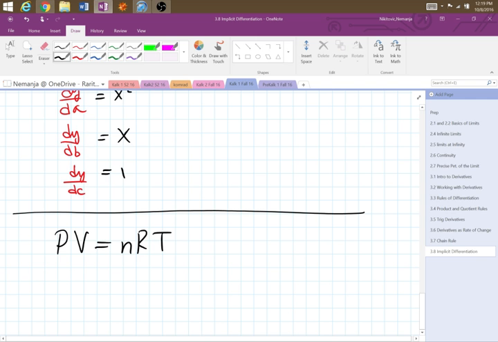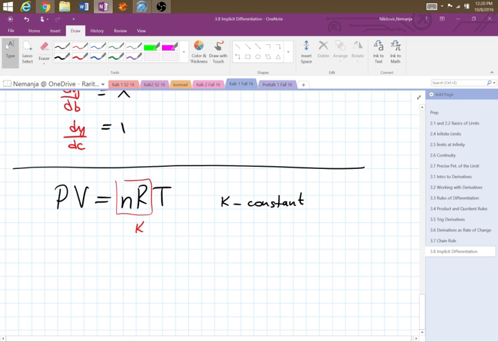Anyone cares to share what this is? Ideal gas law, exactly. Also known as the formula that works in your tires, all right? This is a constant here, so I might as well call this big K to make it all simple. So I'll just say K is a constant. So we have PV equals KT.